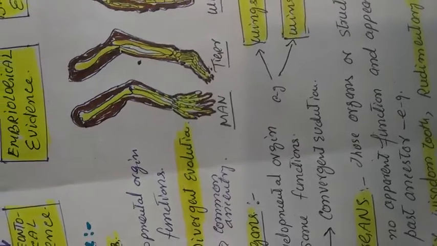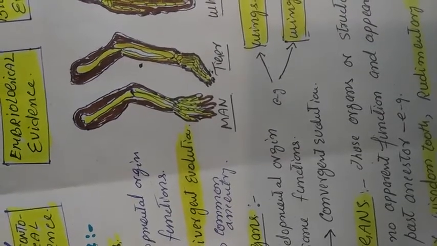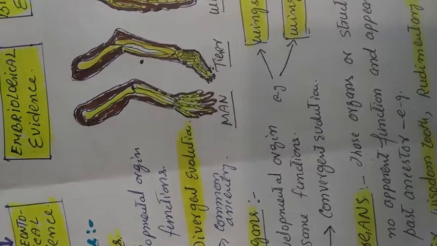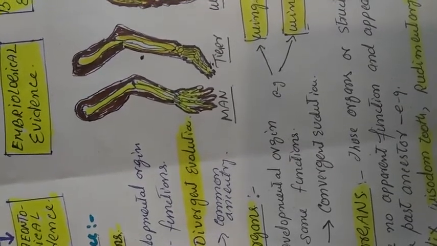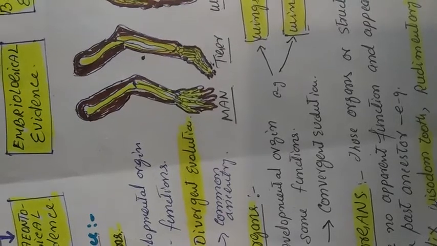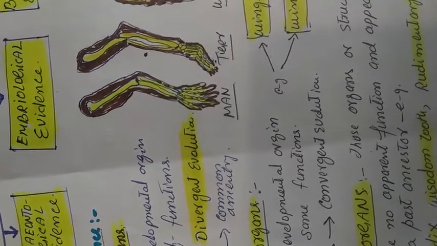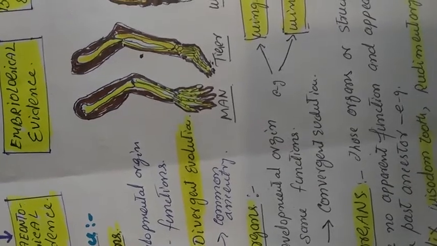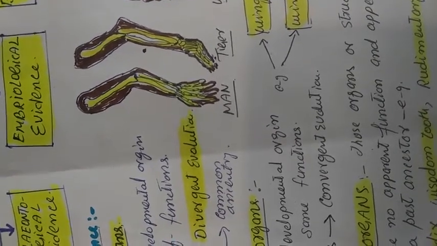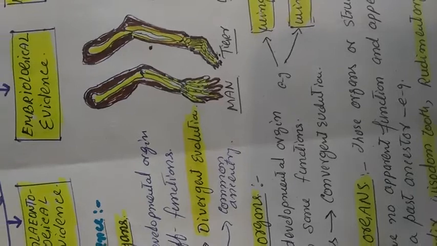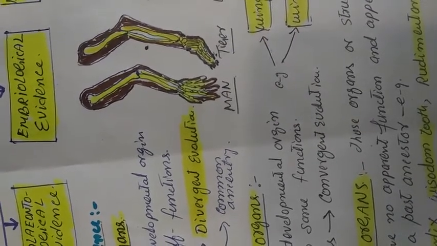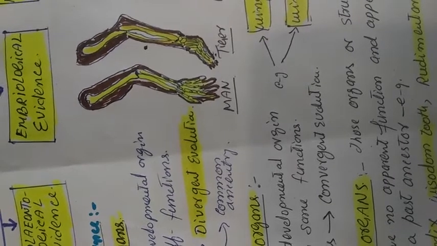Neither do they have the same origin, nor have they evolved from a common ancestor. Wings of an insect are analogous to wings of a pterodactyl, an extinct flying reptile. Even strikingly similar analogous organs such as the eye of an octopus and the eye of a mammal differ in their retinal position.